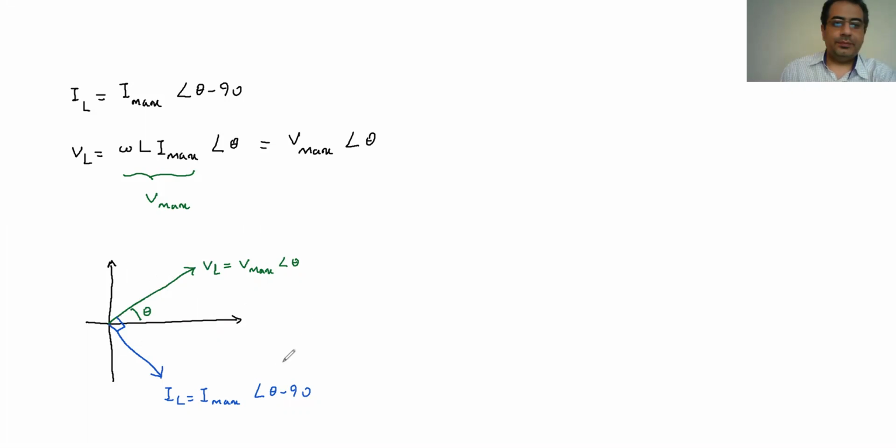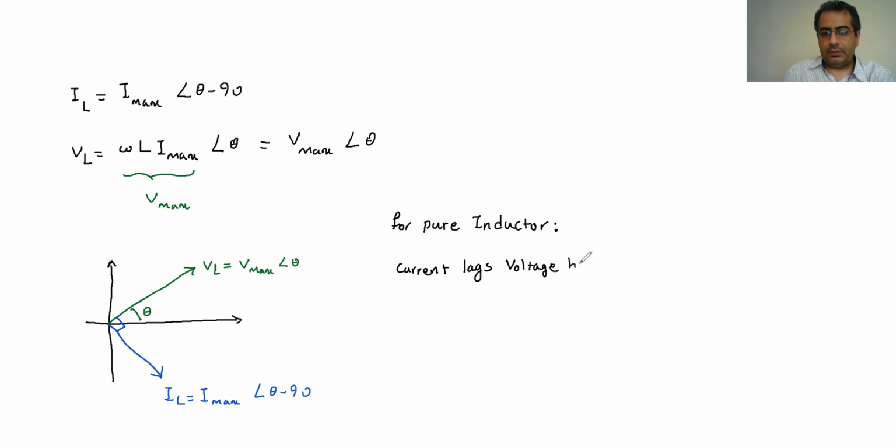If you look at here, what it tells us is that in pure conductance, if we have only an inductor in the system, look at here, current lags voltage by 90 degrees, or voltage leads current by 90 degrees.